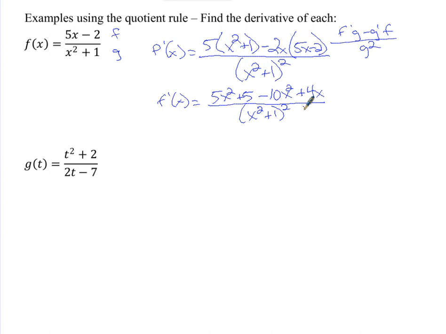Combine like terms in the numerator. We have 5x squared minus 10x squared, which is negative 5x squared. Then we have the plus 4x, then the plus 5, all divided by x squared plus 1 squared. That's it.